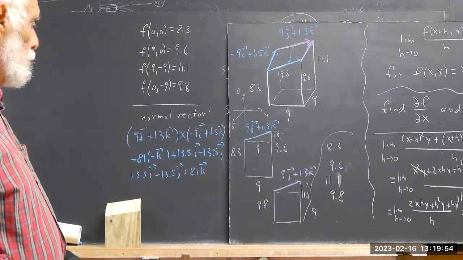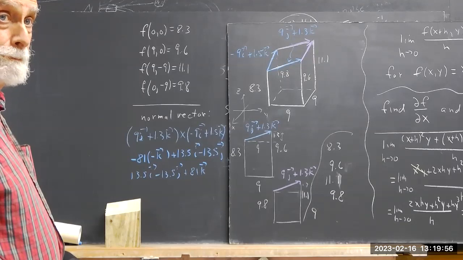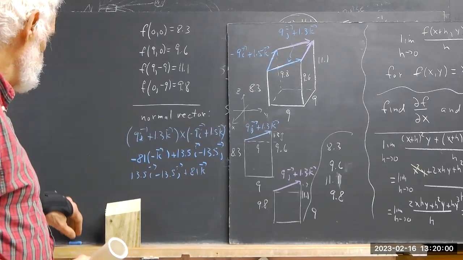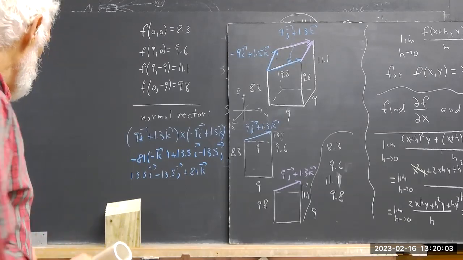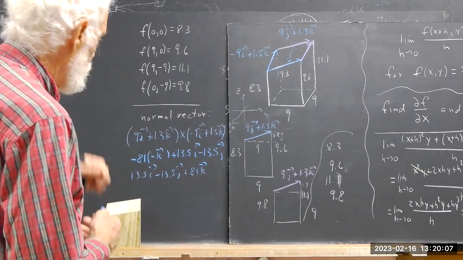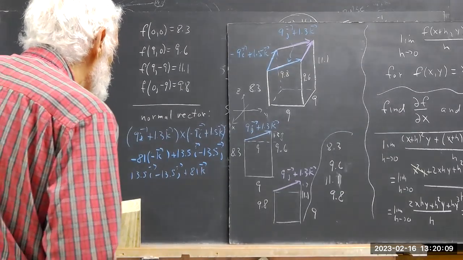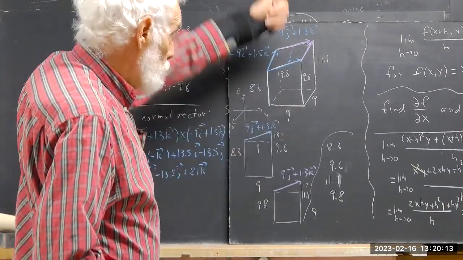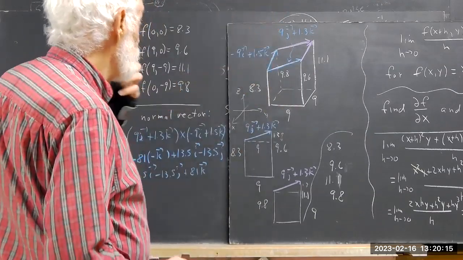I don't see where the error is, but there's got to be one. I don't want to get hung up on it. Just to make sure, that 9J and 1.3K, the Ks are all positive.